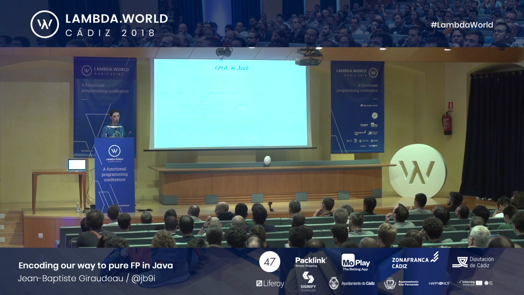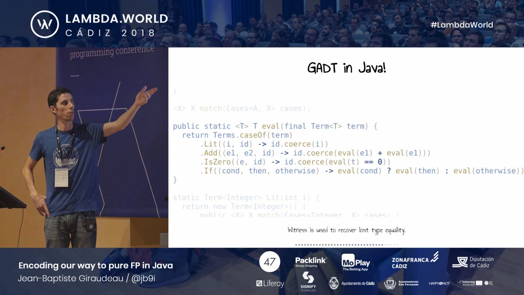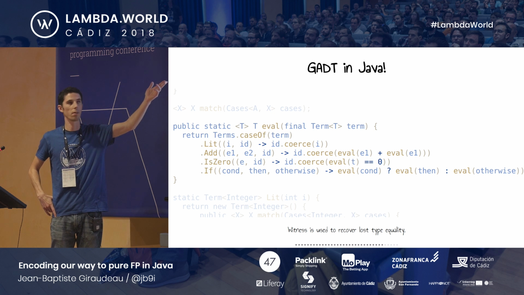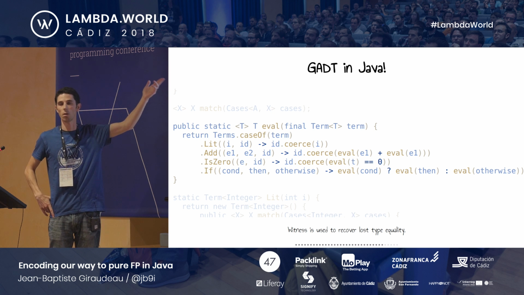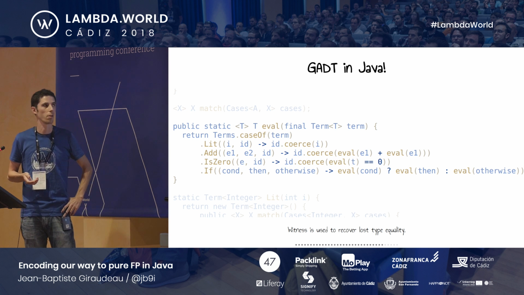So what it allows you is to write a polymorphic evaluator for a DSL. You have a term parameterized by T, and you can evaluate either to a Boolean or an integer. You cannot do that with object algebras.